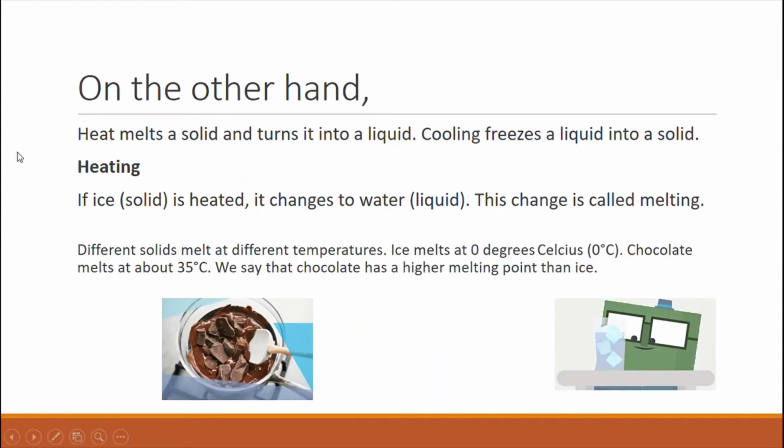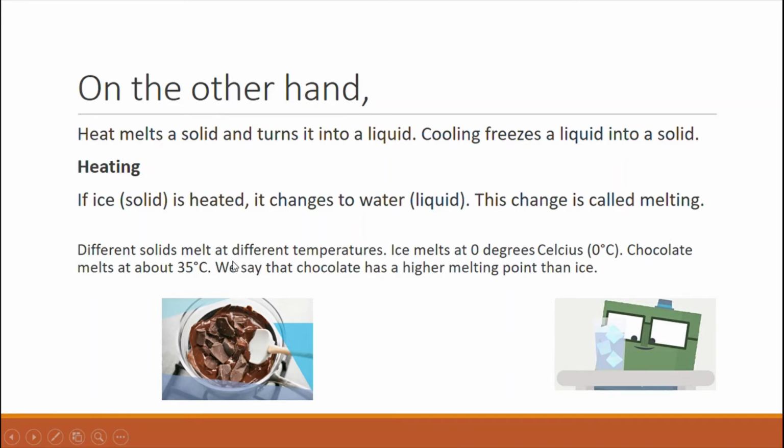On the other hand, heat melts a solid and turns it into a liquid. So cooling freezes a liquid into a solid, but if you have heat, it can melt a solid and turn it into a liquid. So if ice, which is a solid, is heated, it will change to water. And as we know, this change is called melting.